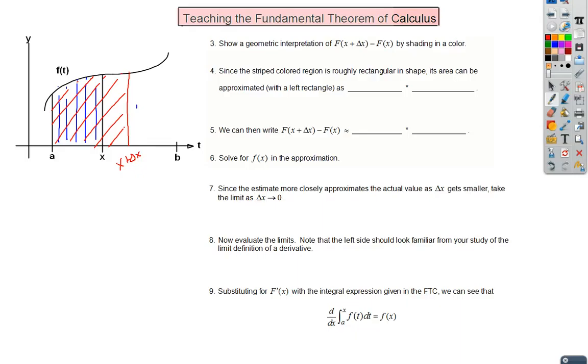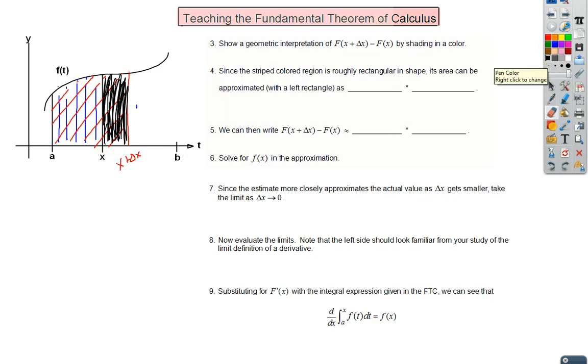Okay, so if you have a color, great. If not, I'm going to shade that in. So F of x plus delta x was the whole red section here with the diagonals. The blue section was just capital F of x. I'm going to subtract the two, and what am I going to be left with? This section right here. So if you want to shade it in, shade it in.